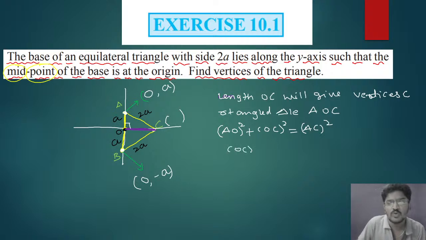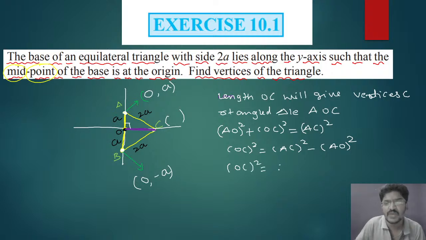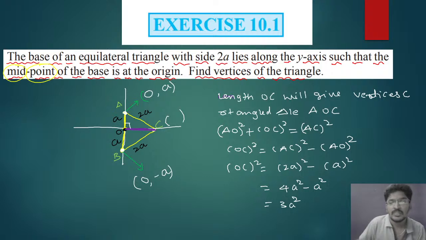So therefore OC square will be equal to AC square minus AO square. AC square is 2A square, AO square is A square. So 4A square minus A square, that is 3A square. So this implies OC equal to root 3A.